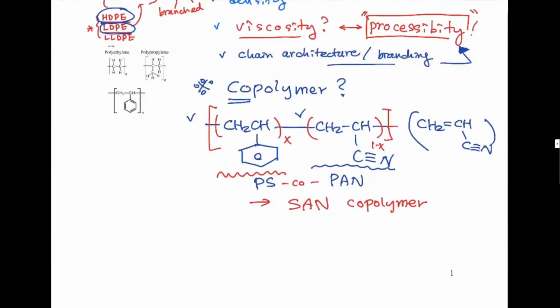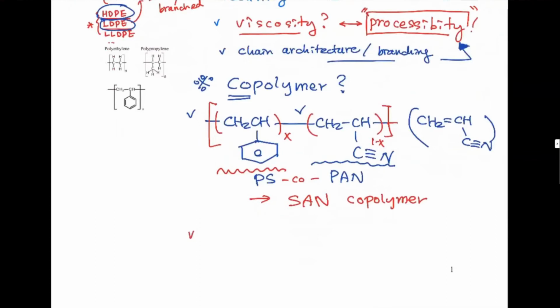And on top of that, has anyone heard about ABS? ABS plastics? It's used in 3D printing. That's right. Not only that, even before 3D printing, have you heard about Lego? Right? The Lego block is made out of ABS.